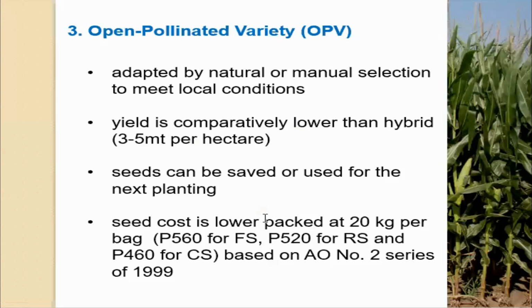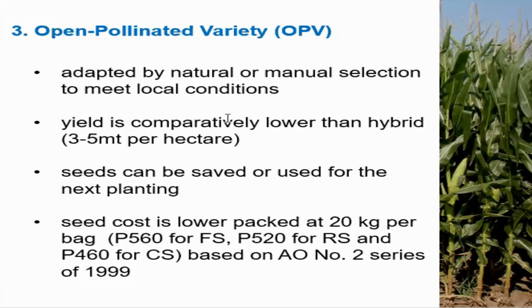Okay, let's go to the open pollinated variety. If you have sustainable corn production and are engaged in organic or organic-based corn production, you can use the open pollinated variety.